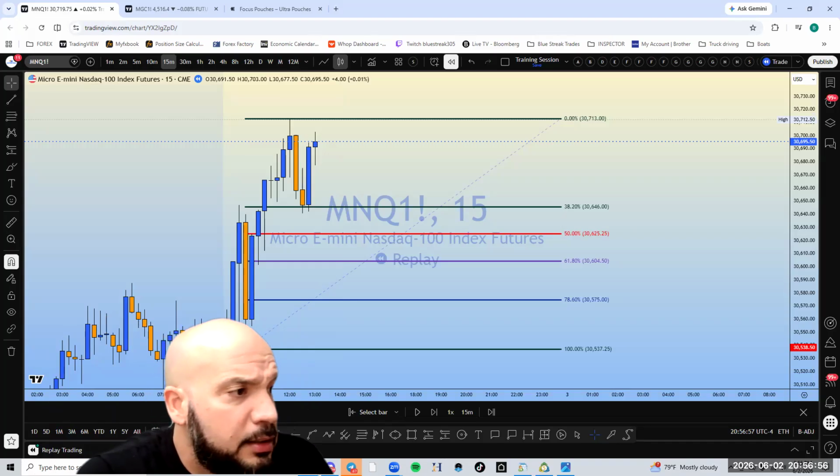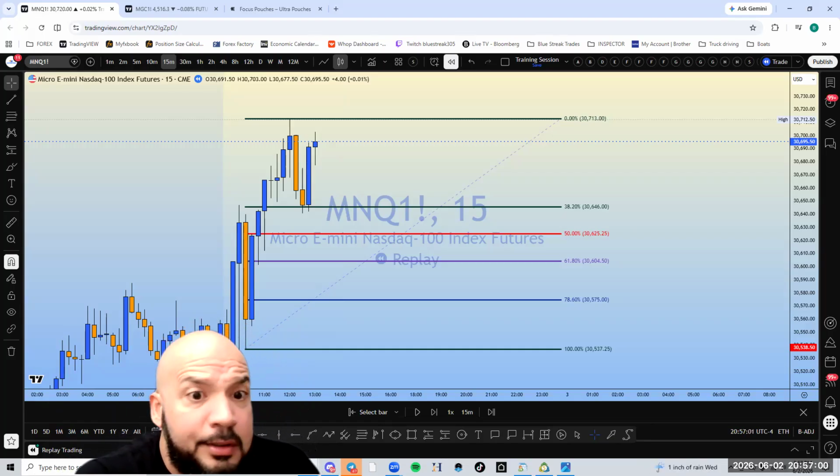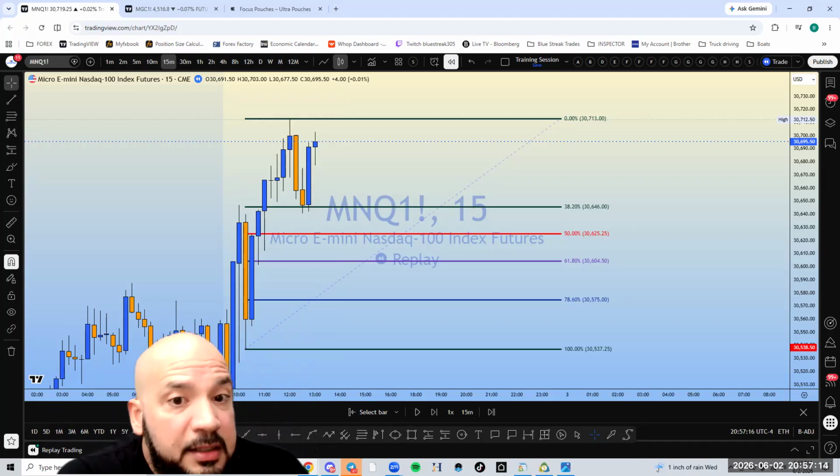Even today, Kevin and Tommy saw we traded gold. I don't even know if there was drawdown, but all I saw was profits. And it went straight up into TP2, TP1, and everybody made money. Gold is another asset that likes to use the 618 as a retracement.